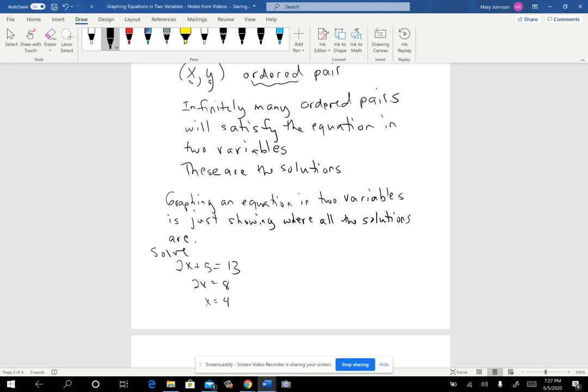Okay. But if we had an equation in two variables, like y equals 2x plus 5, well, there's not an algebraic process you can do to find the solution. We never ask you to solve that because there's too many solutions. The equivalent thing we ask you to do is to graph that.